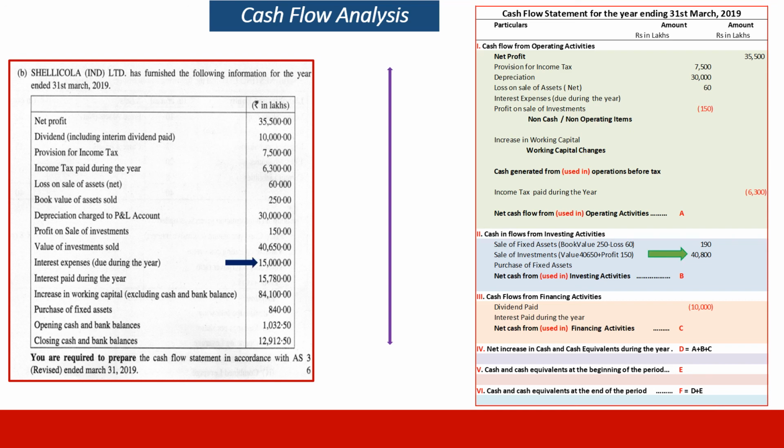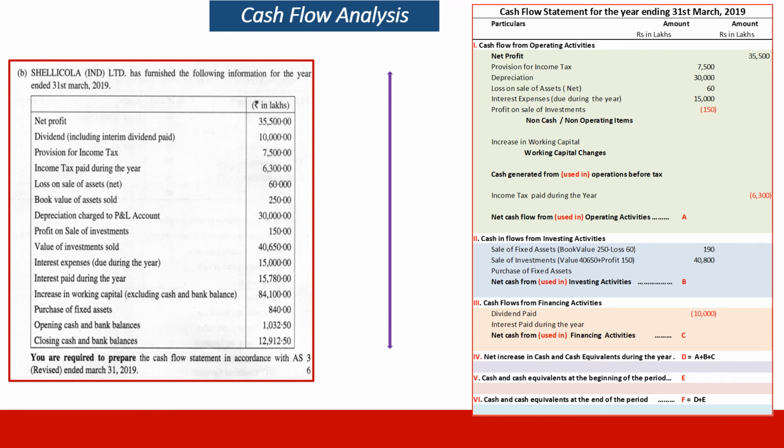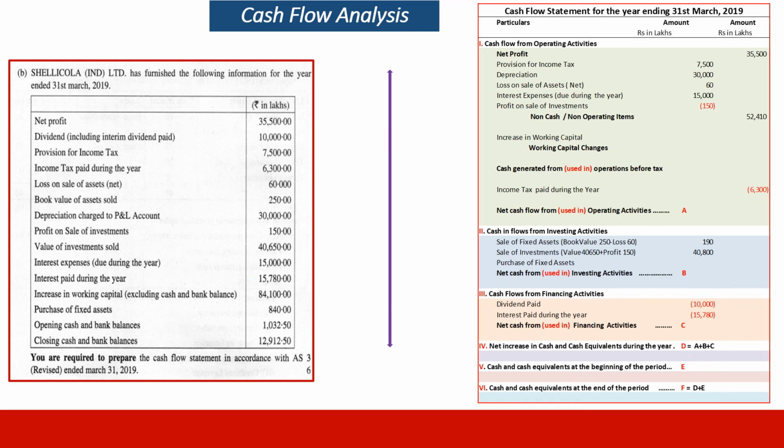And that takes us to interest expenses and interest paid. Interest expenses is a reversal from operating activities, and interest payment is a payment of interest from financing activities. We will take that further. 50,000 added back to profits and 15,780 to be deducted as a payment shown as a cash flow.